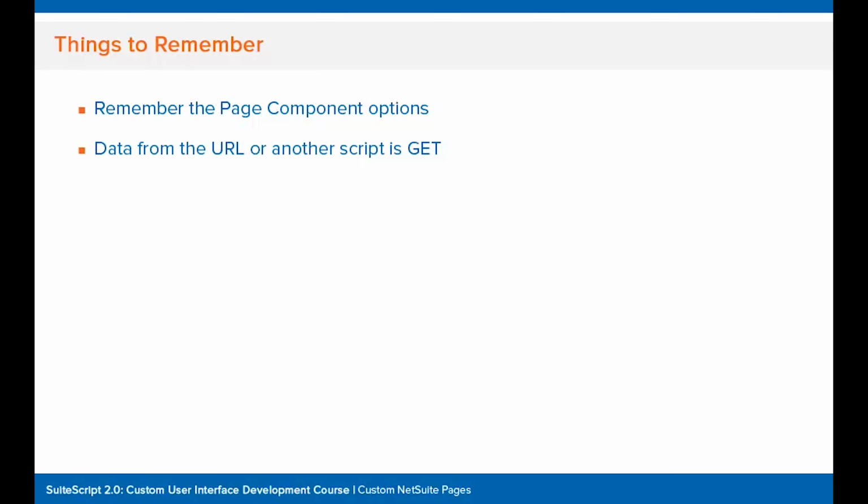Also, if you are getting the data from the URL, say if you're opening something from a bookmark, or if you're passing information from another script, remember that it is passing the information as a GET request. If you are submitting a form, for example, you already have created your Suitelet and you're clicking on the Submit button, that would be passing the information as POST. So remember to get the proper IDs for your POST request.